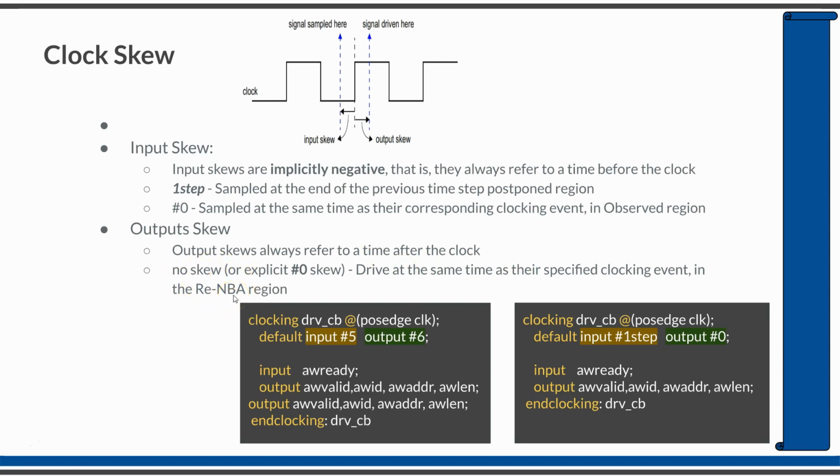If you are not very comfortable with the SystemVerilog timing regions at this point, you can ignore it, but just understand that if you're using a clocking block like this with default input #1 step and output #0, note that there is no step after this output #0. It means you will always get a stable value of all the inputs from the previous time slot, and all outputs with a #0 skew will be driven at a stable point in the current time slot.